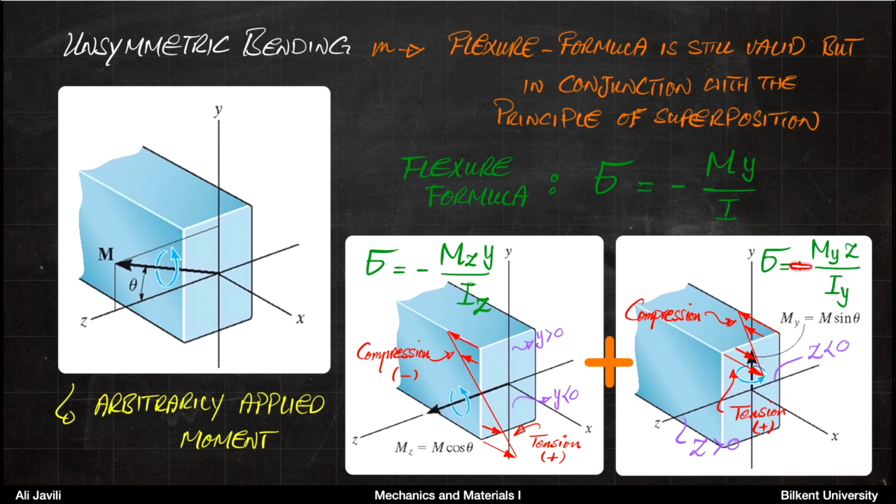It comes with a plus sign. In this flexure formula, you have the moment with respect to the y-axis divided by the moment of inertia with respect to the y-axis times the distance from the y-axis, which is the z coordinate.